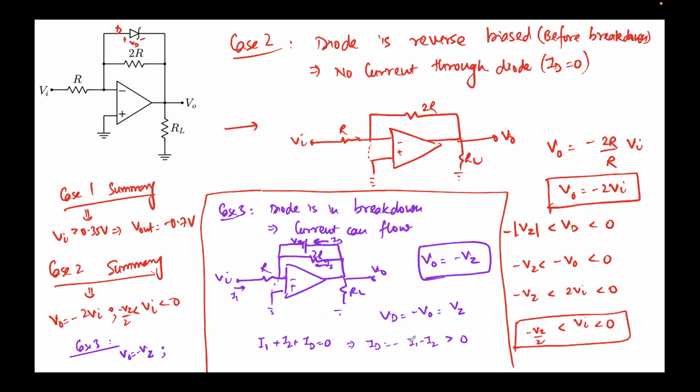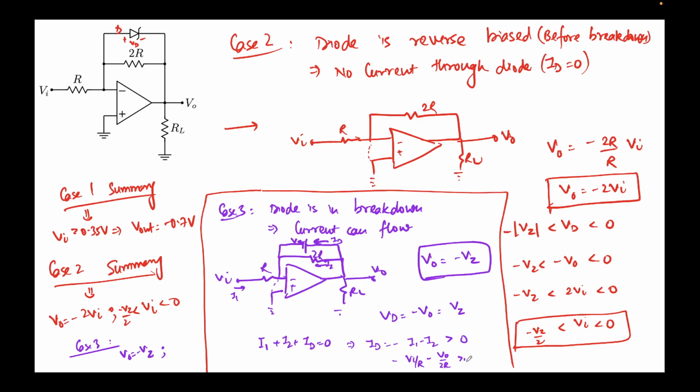Now if you calculate the value of I1, I1 can be written as minus Vi over R, and I2 can be written as V naught minus 0, so that will be V naught over 2R.